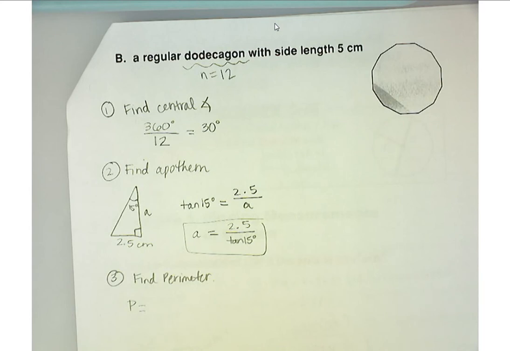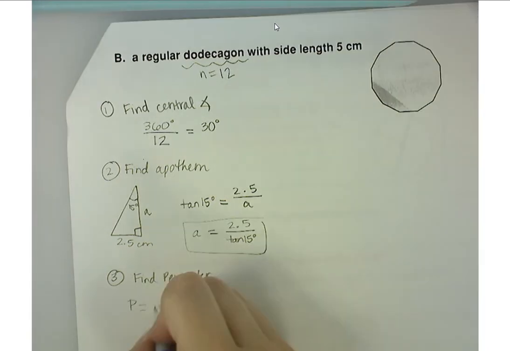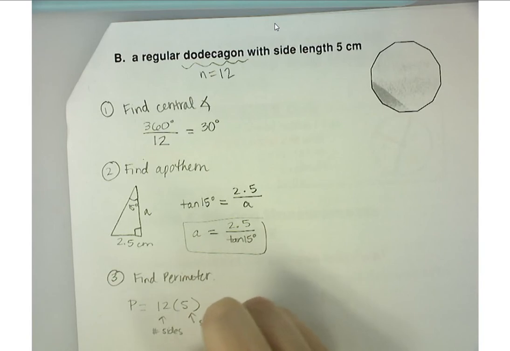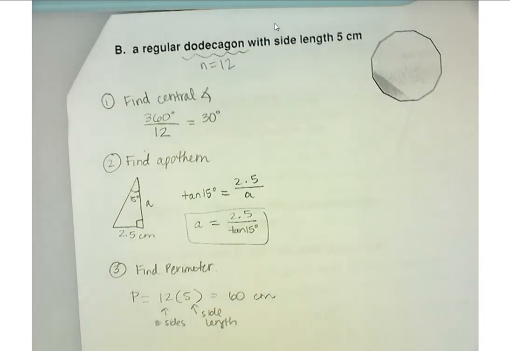So if you have 12 sides and each side is 5, what can we do to find it? Multiply. Yep, so you can just do the 12, which is the number of sides, times the side length. Which means your perimeter is going to be 60 centimeters.